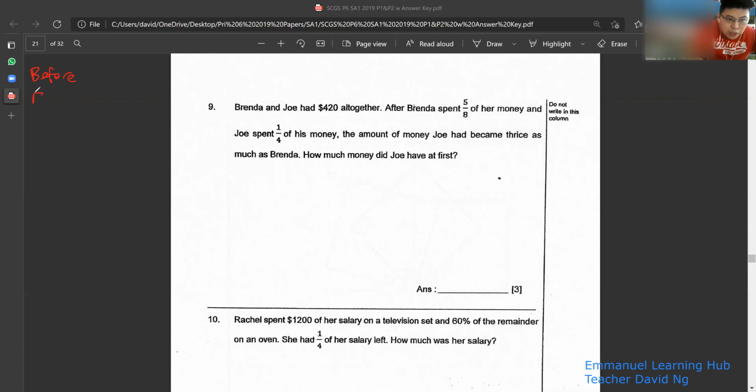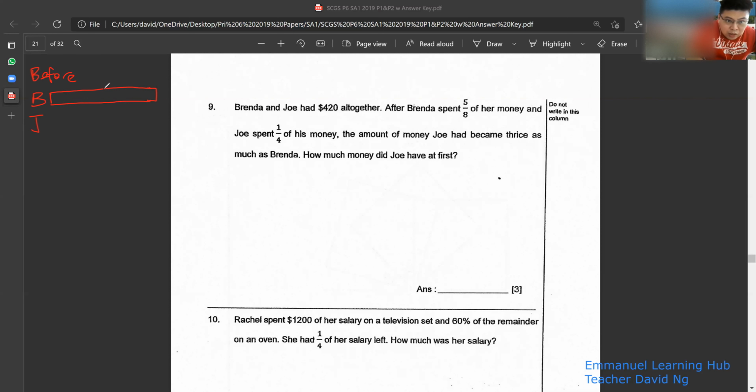So Brenda is represented by B. Then Joe is your J. 420 together. So Brenda has 8 parts, because it's 5/8. When you draw 8 parts, you don't draw like that.